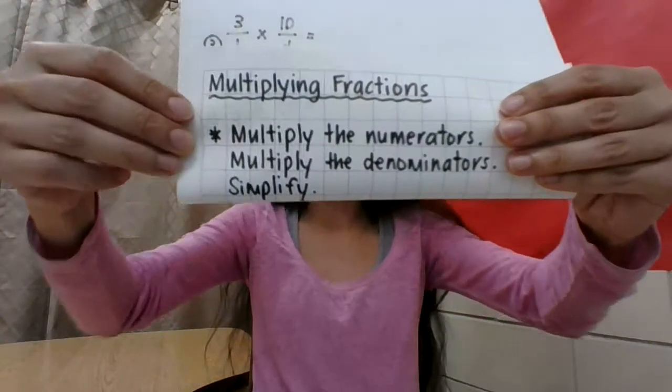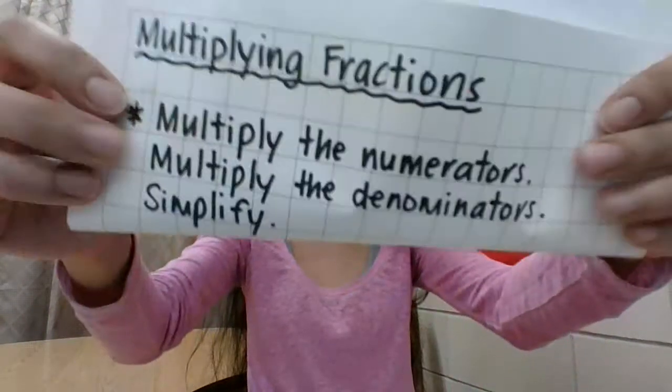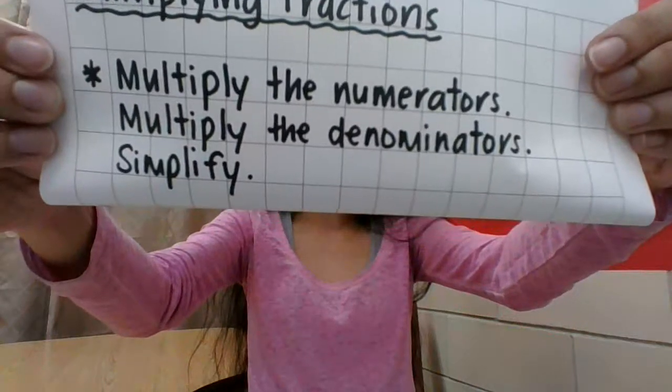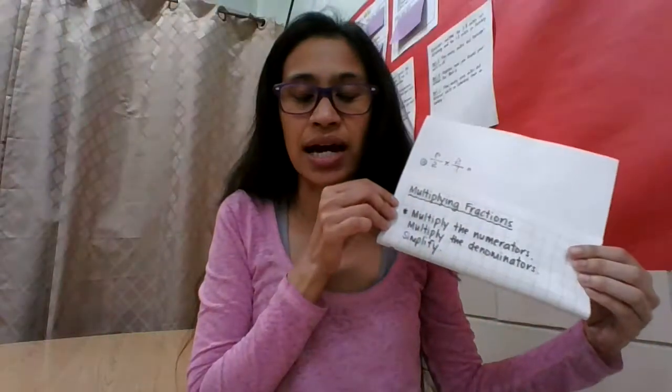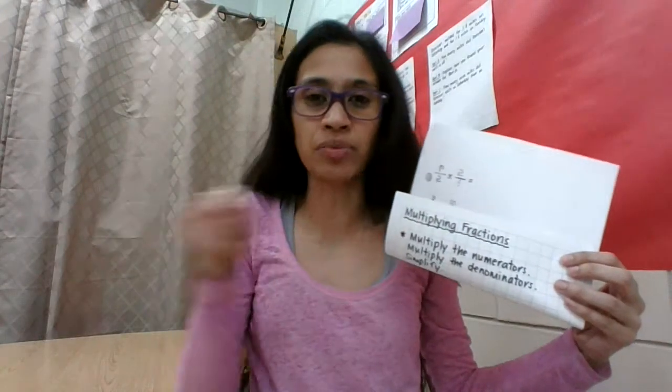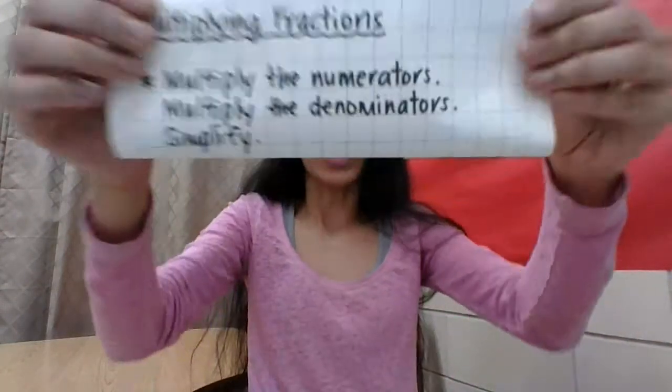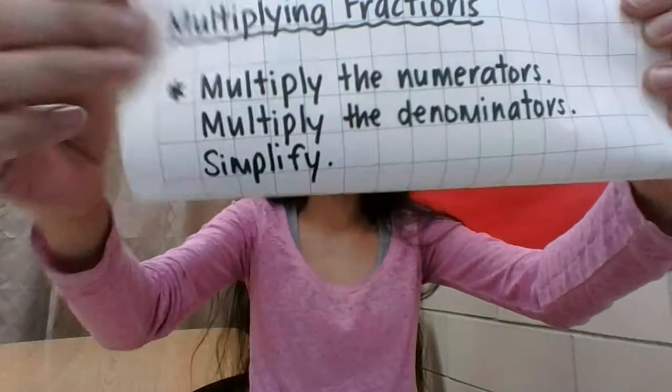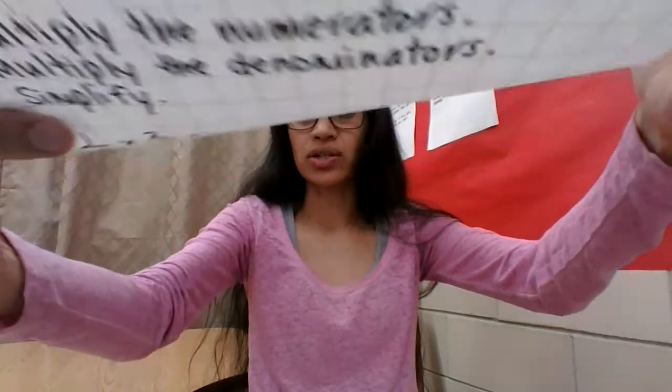And where do you find the numerators? The numerators are the top numbers of a fraction. Then what's the next step? Multiply the denominators. And what's that? That is the bottom number of a fraction. And then once you have your answer, you always do what? Simplify your answers.